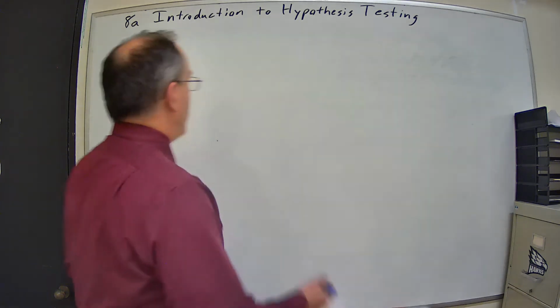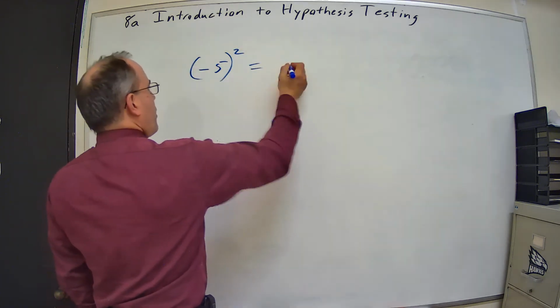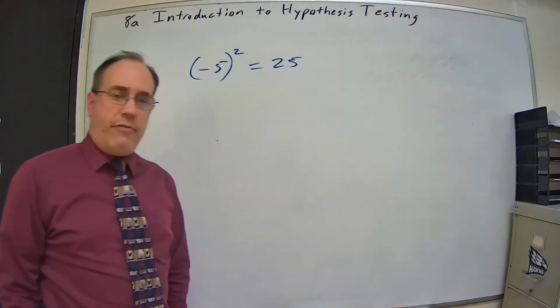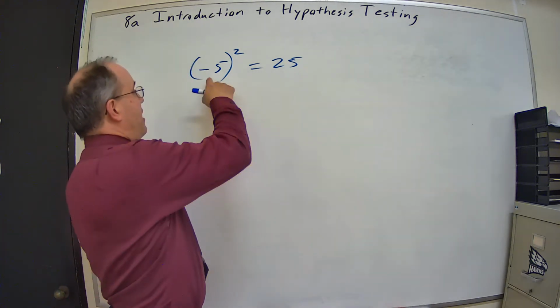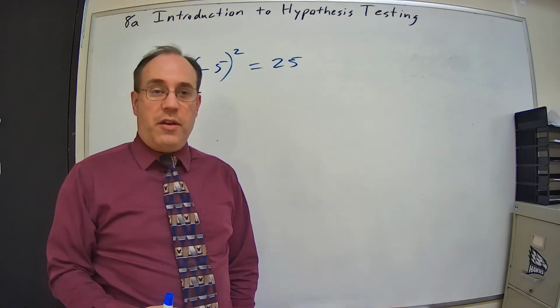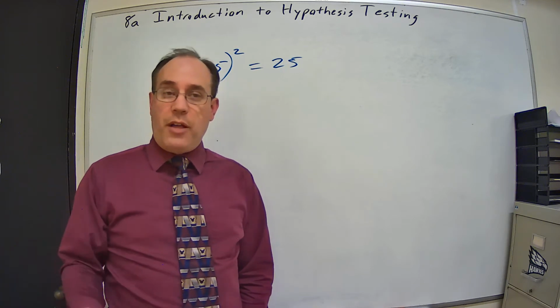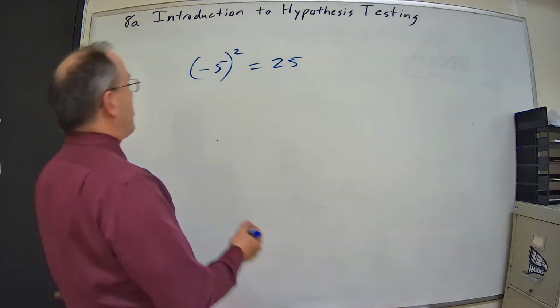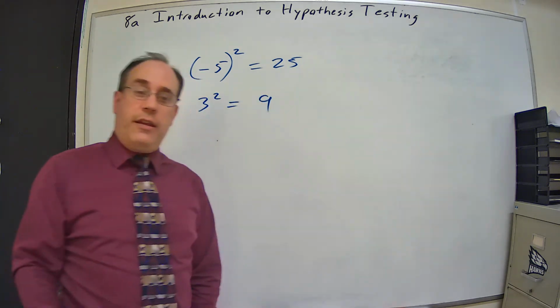So people start telling me, well, if I take -5 and I square it, I get 25, which is great. That shows that -5 squared is positive 25. But does it show that all numbers squared give you a positive result? No. So people go, oh yeah, and 3 squared is equal to positive 9.